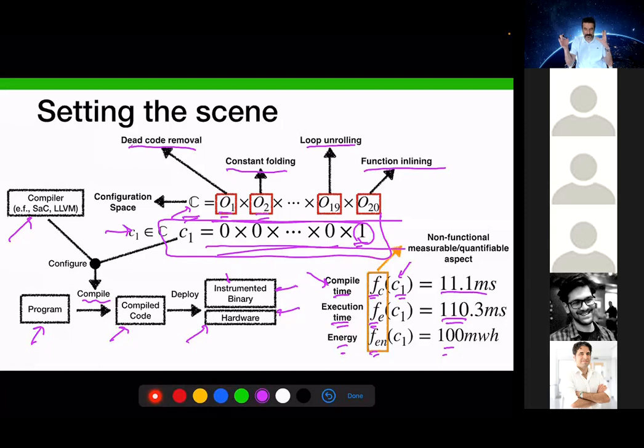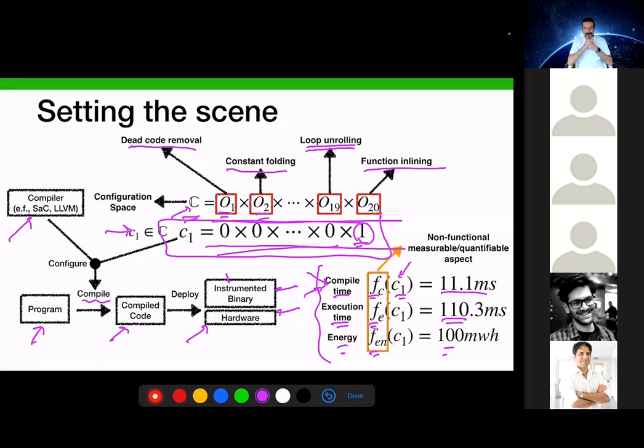Obviously, if we change this configuration, all of these metrics would be different. If we enable loop unrolling, the compile time would increase because we are running two optimizations.